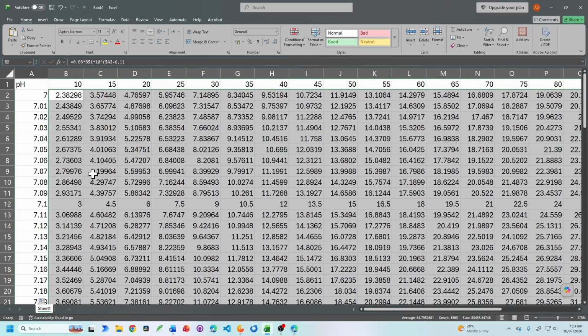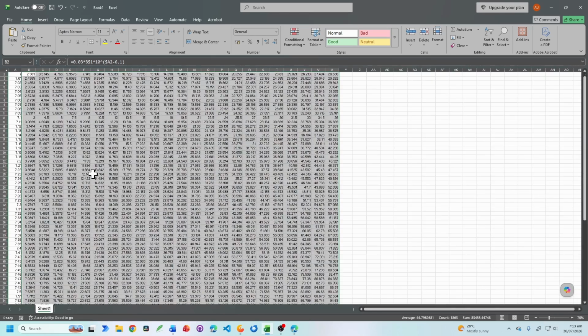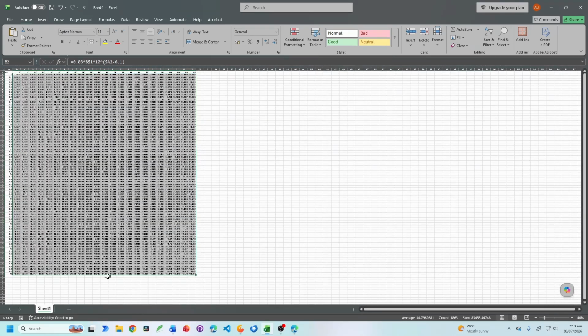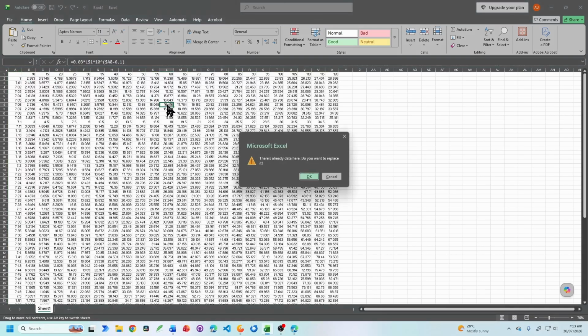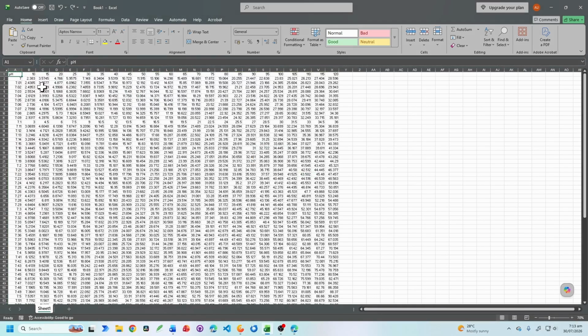And now it is just time to create the graph. Let's select all this. And let me delete this pH thing because it sometimes causes a problem with the graph, so I will just delete it for now.